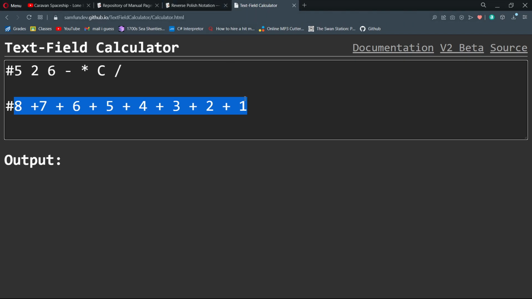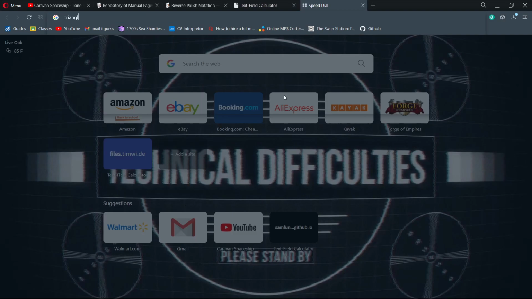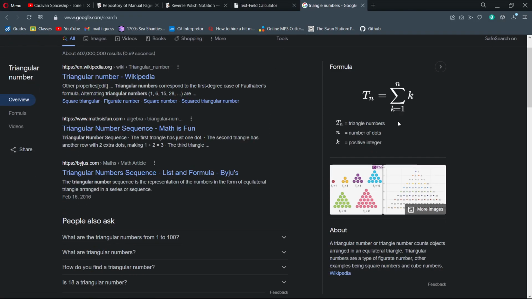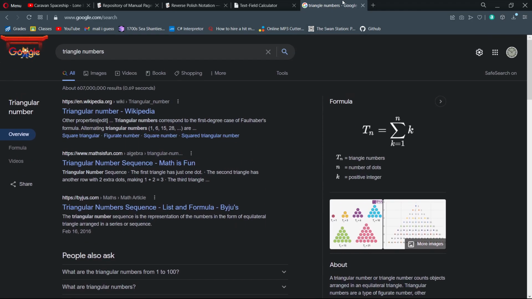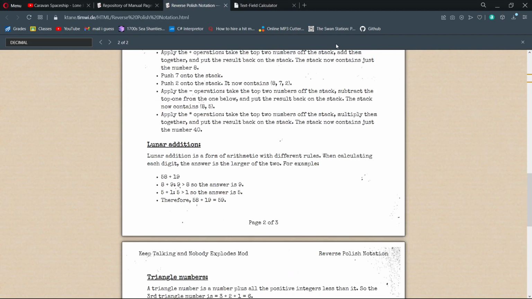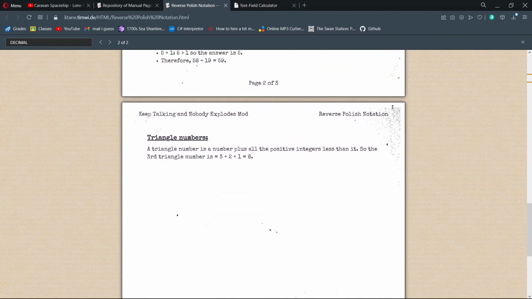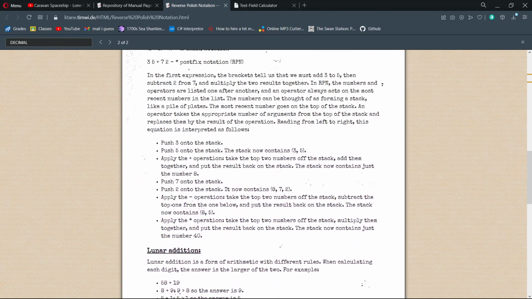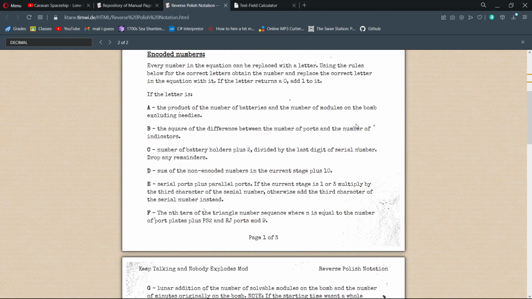The triangle numbers is just an actual mathematical concept. See? Now, do note that for this, the first triangle number is 1, while some other sites may consider 0 as the first one. But that's neither here nor there.